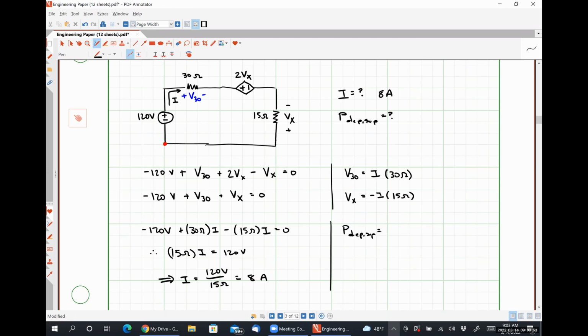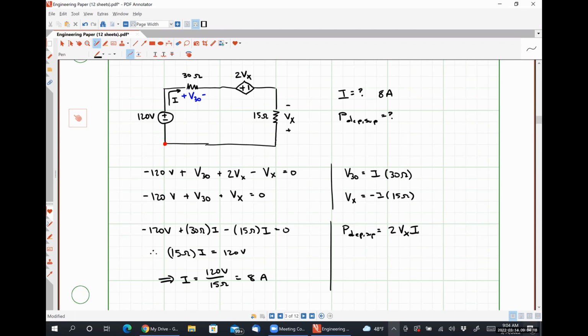We're going to need to know the voltage drop across the source and the current flowing through the source, right? So the voltage drop across the source here is 2 times Vx, and the current flowing through the source is just I.